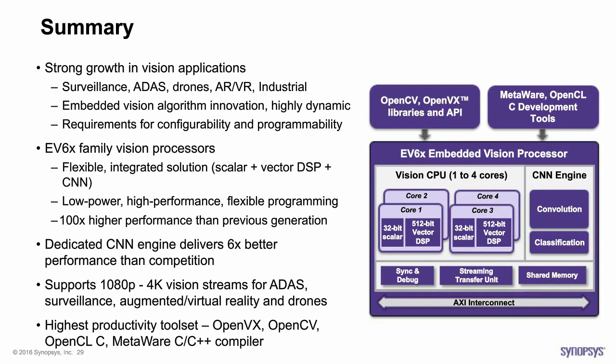Also consider that at 800 megahertz with a 4-core system, you can do a tremendously high level of processing. So this is a 4K image or 4K video stream, which for most applications today is significant overkill.